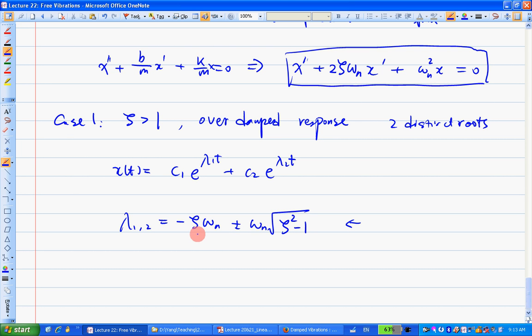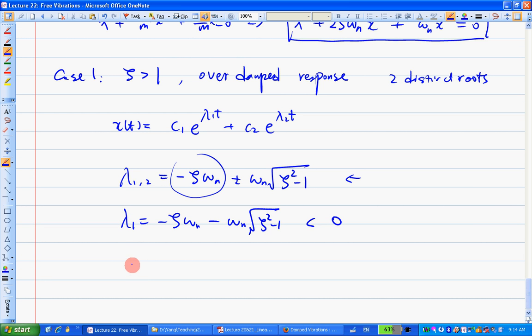So now when I look at this expression, this term must be less than 0, right? So if lambda 1 is this minus that, then lambda 1 must be what? Less than 0. Okay?